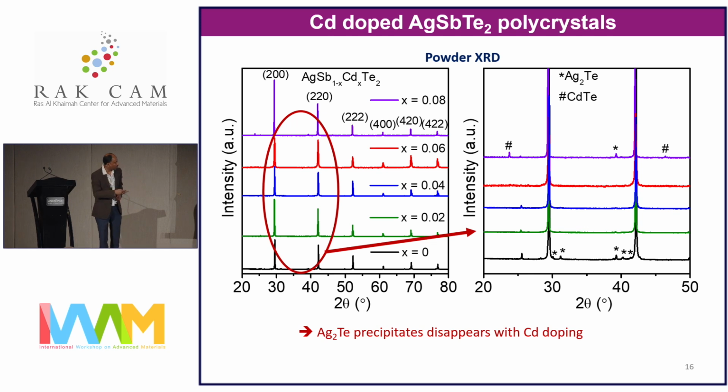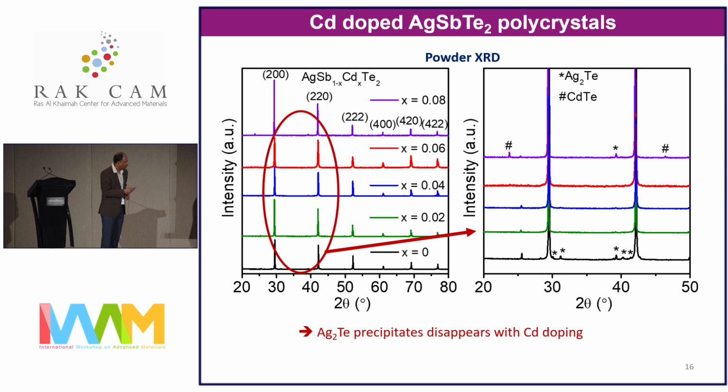But as soon as we dope cadmium in this compound, the Ag2Te precipitate goes away, and at 6 mole%, cadmium telluride precipitates come, which tells us that cadmium breaks the solid solution limit above 6 mole% in AgSbTe2.